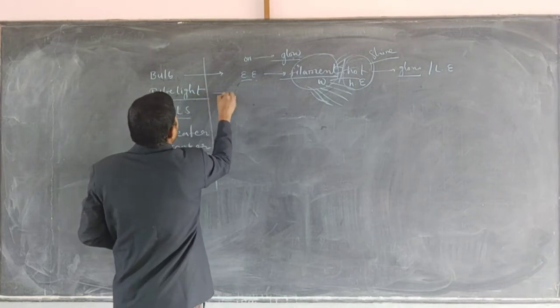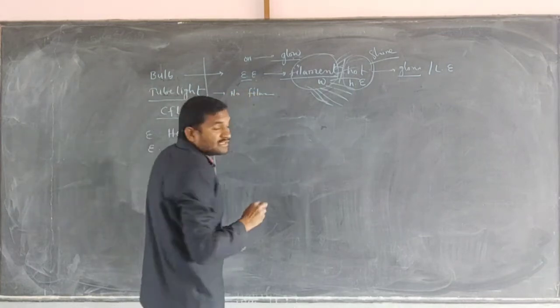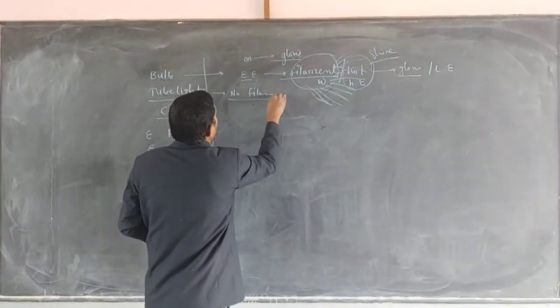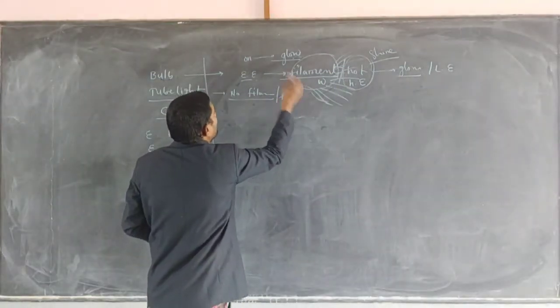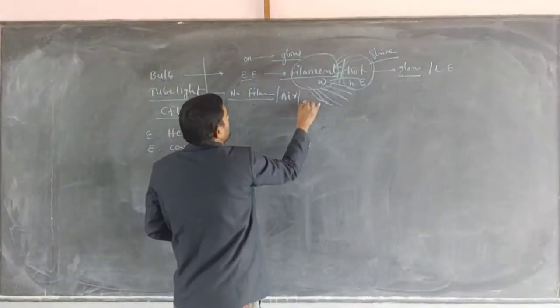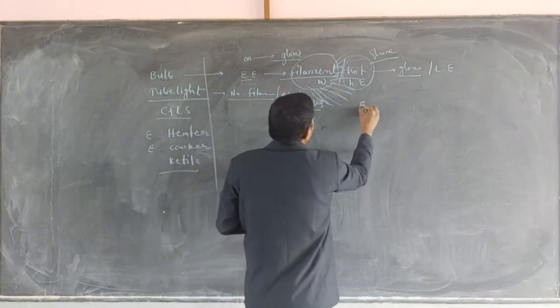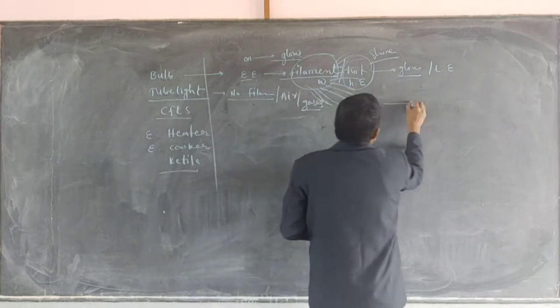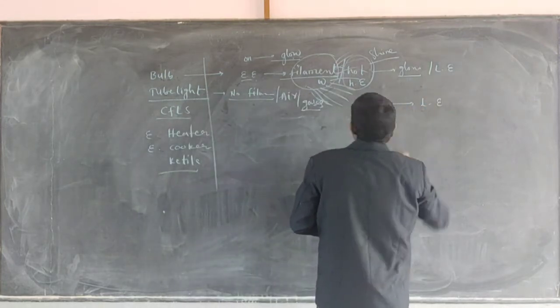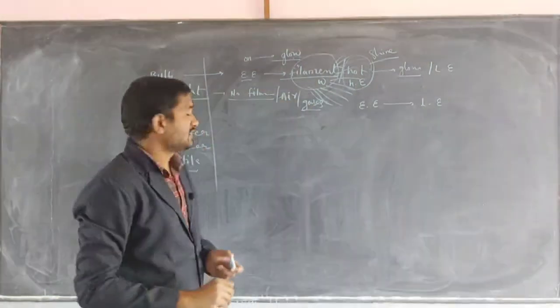In the tube light there is no filament. It is filled only with air, or otherwise some other gases. Here electrical energy is directly converting into light energy.